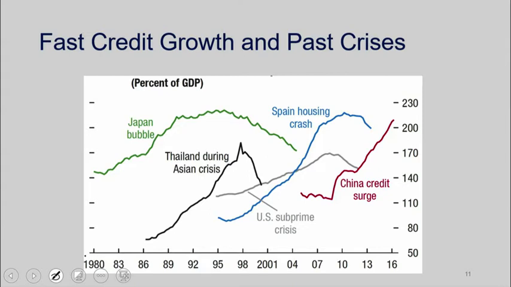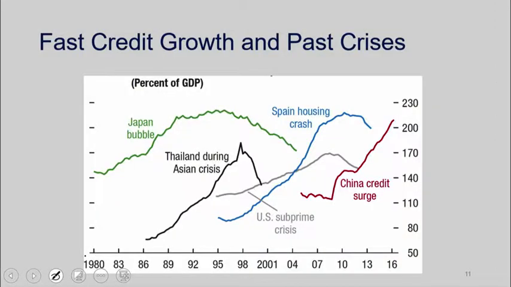Once credit grows too rapidly, asset prices increase very rapidly, and then the asset prices collapse, and then credit stops flowing, and the real economy suffers as a result. There's also a line on China. China has also witnessed one of the biggest credit surges in recent time. That's a big indicator of vulnerability.